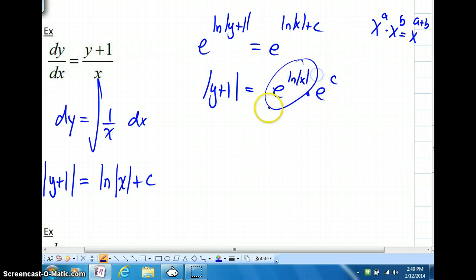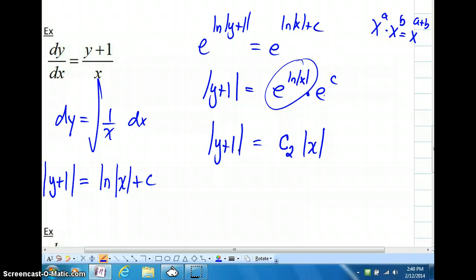And what is e to the natural log of x? That would just be absolute value of x. e to the c is some other constant. How about I call it C2, or C sub whatever you like. And that's very helpful because e to that constant is just another constant itself.